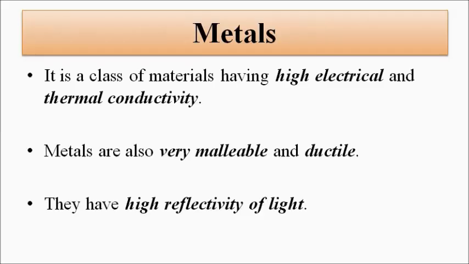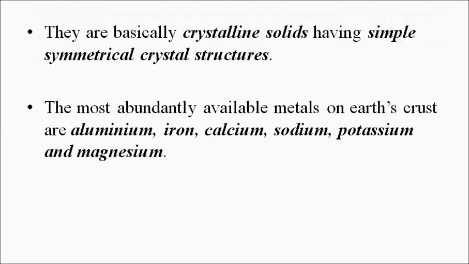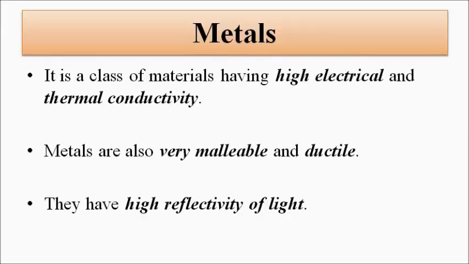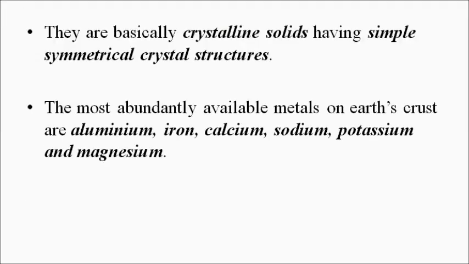Malleable means the ability of materials to be beaten into thin sheets, and ductility is the ability of the materials to be drawn into thin wires, okay, the stretchability. Also they have high reflectivity of light, the optical characteristics. So here the electrical, thermal, mechanical, optical, and then it is the chemical properties.